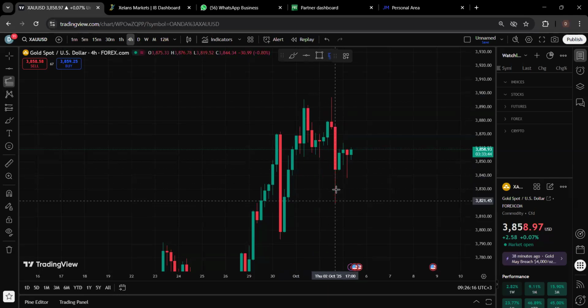Or you can use this one and this one. So long as you are able to identify your support and resistance, it will always help you in the next step. So for now, we use this as our support, the last point of that line.